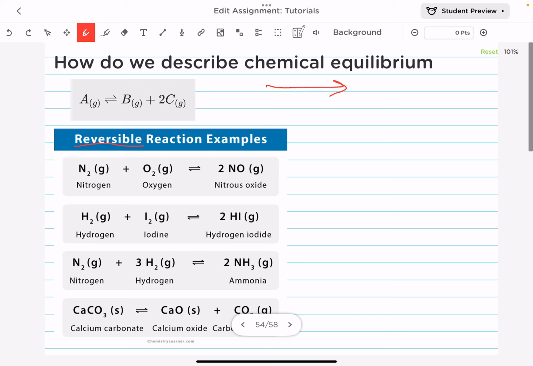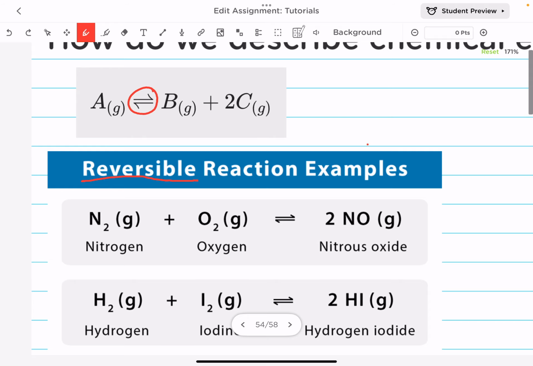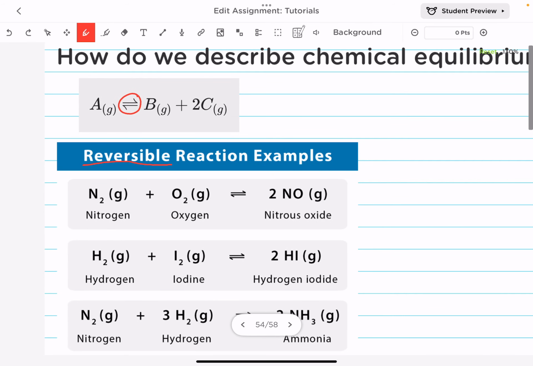So, for example, A is in equilibrium with B and C. A reacts to give B and C. This means that while A reacts to form B and C, at the same time B and C can react to form A. This process continues until the system reaches equilibrium.